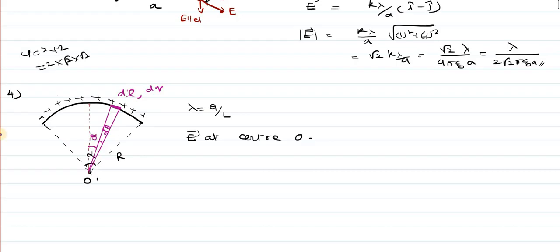So because of this, what will be the electric field at the point O? The electric field will be here, a small electric field. But look at this, what is the angle that it makes? If this is theta, this is also theta. Is that clear? This alpha, I will erase it.